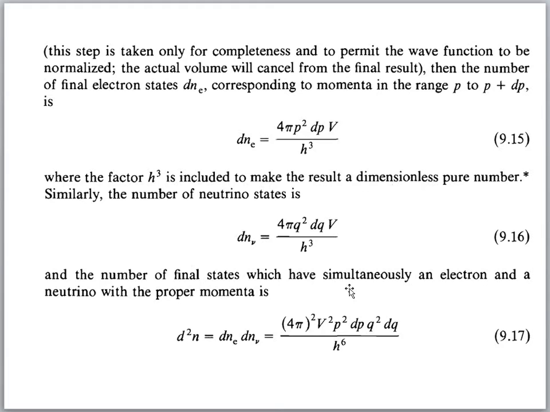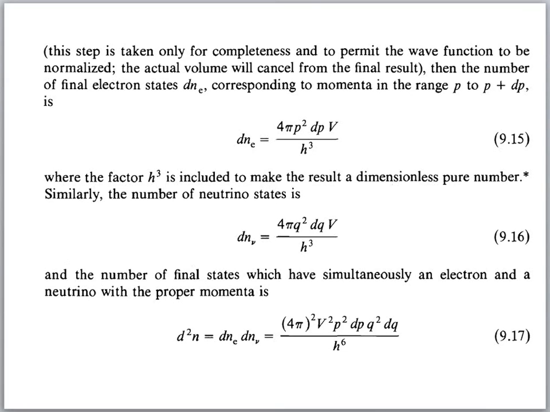Here we are going to substitute for dn. We know the equation for the transition rate, and in that equation we will substitute for dn, since we actually need dn by dE f.